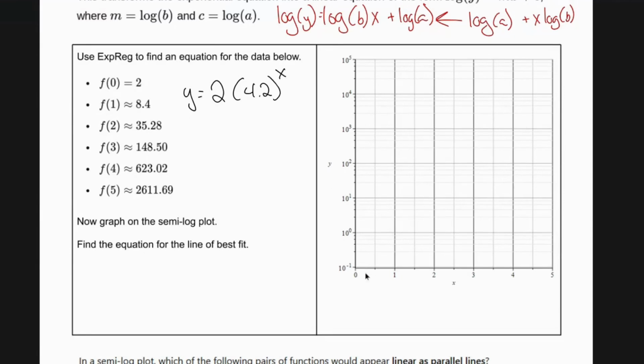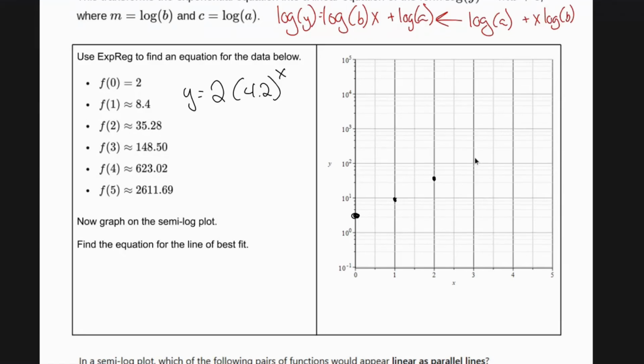Now let's graph those. 0, 2 is going to live right here. 1, 8.4 is going to live right around there, give or take. 2, 35 is going to live somewhere around there, give or take. 3, 148. So here's 3, 100.